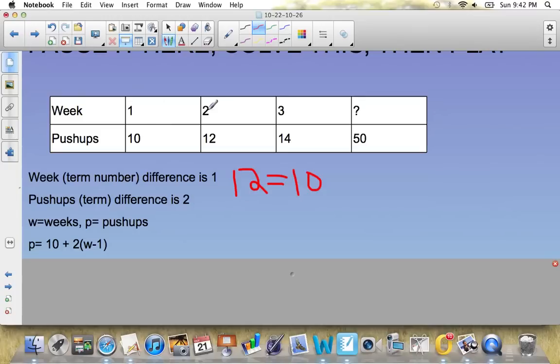So how do I go from 2 to add 2 more? Well, I could just say plus 2. Doesn't work because plus 2 doesn't work either. Maybe it's plus the number of weeks, so here would be plus 3. No, doesn't work. Every time though I am adding 2 more to 10.